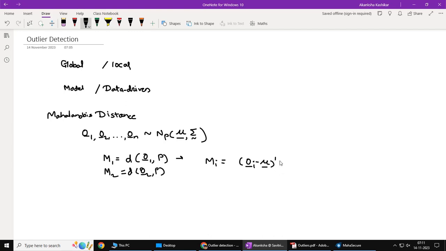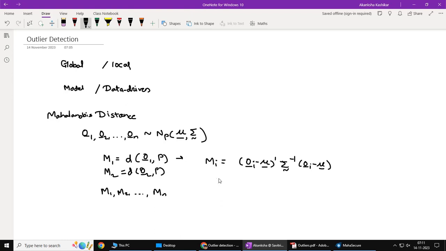If mu is known, then use mu, otherwise mu hat. Okay, (Oi minus mu)' sigma inverse (Oi minus mu). Okay, and now I will have M1, M2, ..., Mn. I will have n distances.